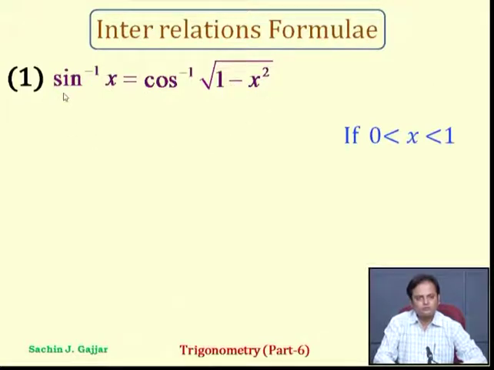If you want to convert sin inverse into tan inverse, then we have this, sin inverse x equal to tan inverse x upon square root 1 minus x square. Okay, so from sin inverse x, we can also convert this into cosec inverse 1 upon x.